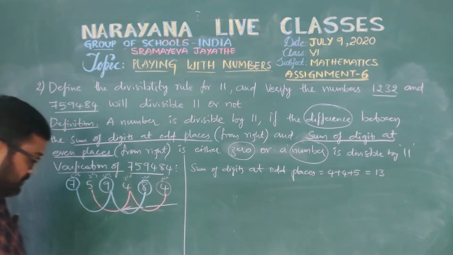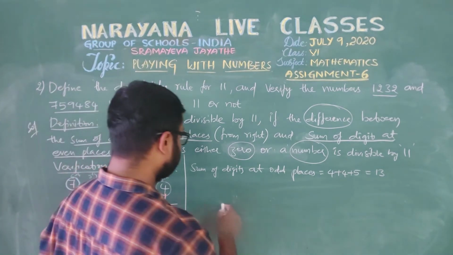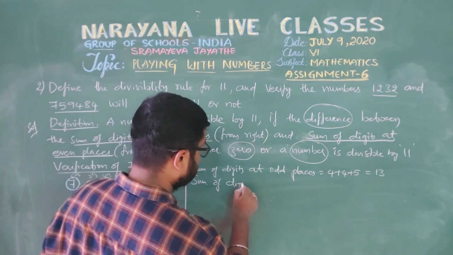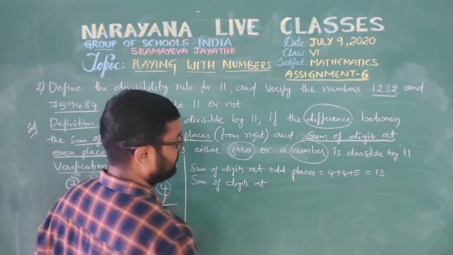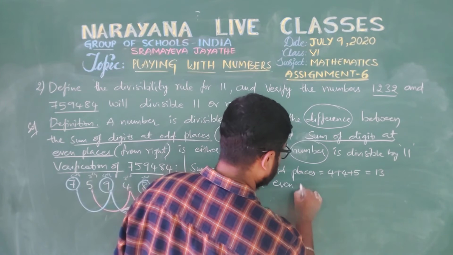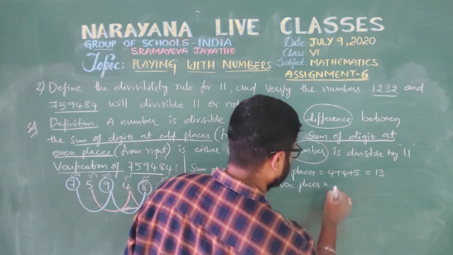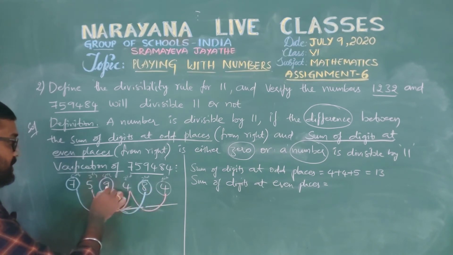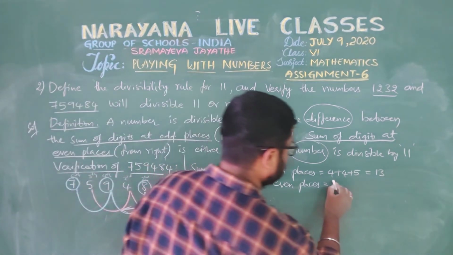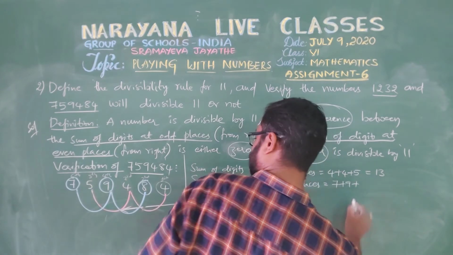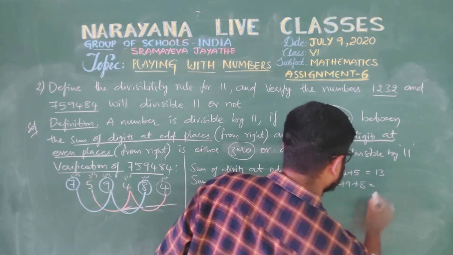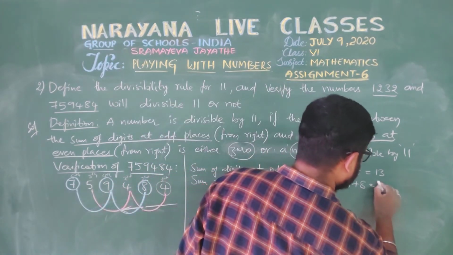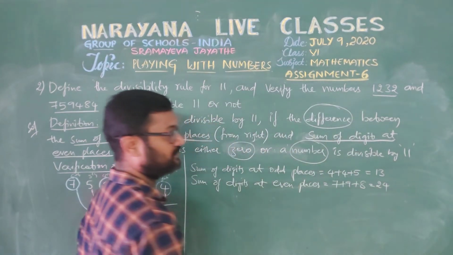Now sum of digits at even places: 8 plus 9 plus 7, that is 7 plus 9 plus 8, that is nothing but 24, isn't it? 24.